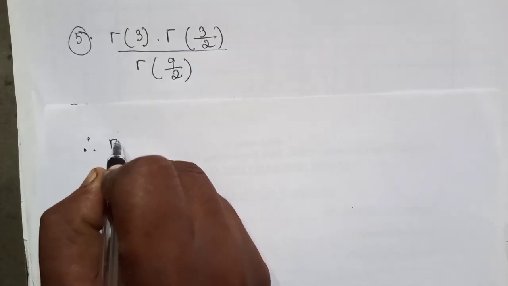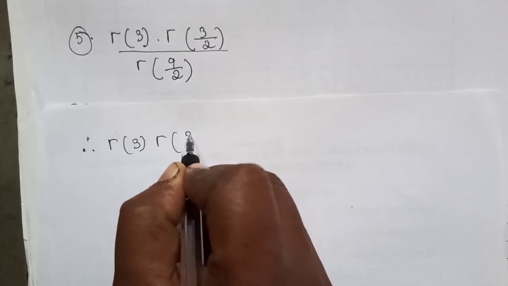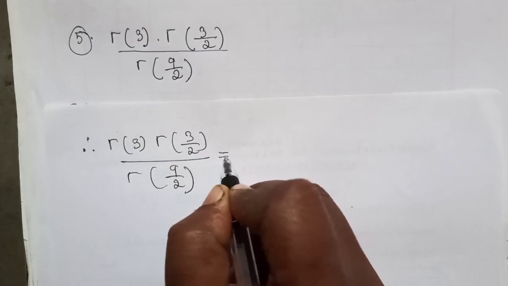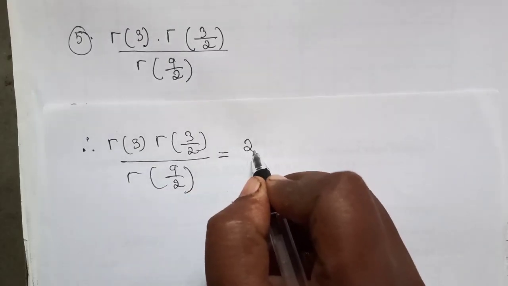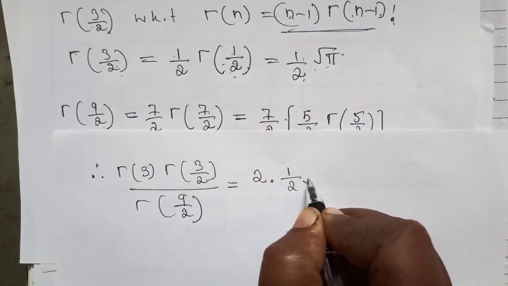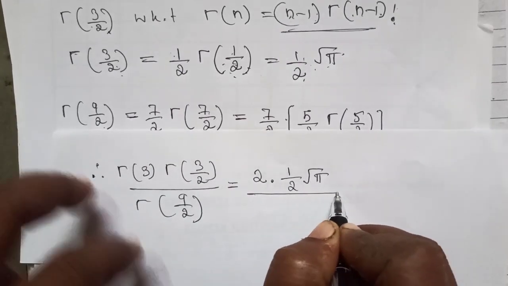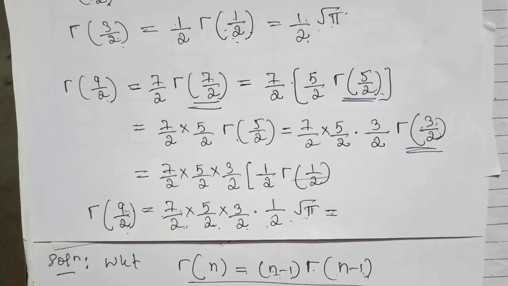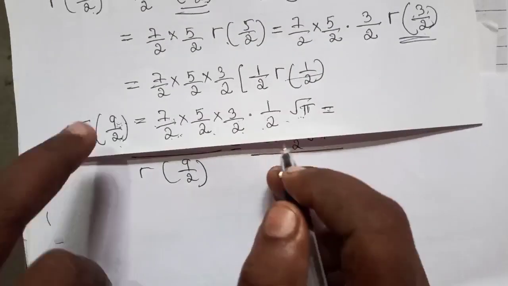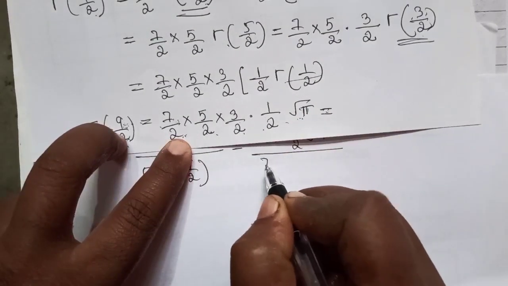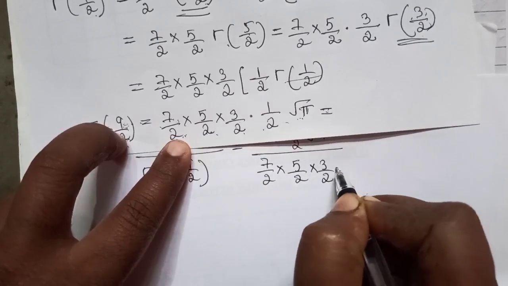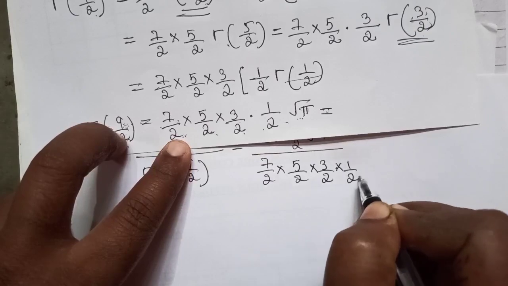Therefore, gamma of 3 into gamma of 3 by 2 divided by gamma of 9 by 2 becomes: gamma of 3 means 2 factorial, which is 2; gamma of 3 by 2 is 1 by 2 into root pi, whole divided by gamma of 9 by 2, whose value is this one. So in the denominator we get 7 by 2 into 5 by 2 into 3 by 2 into 1 by 2 into root pi.